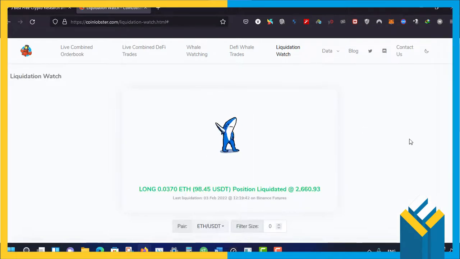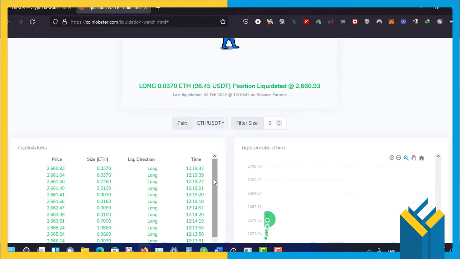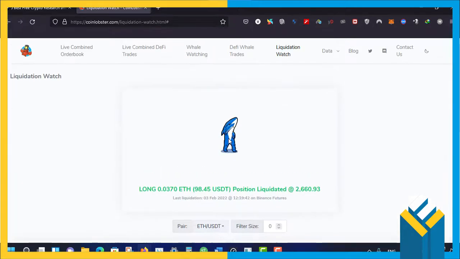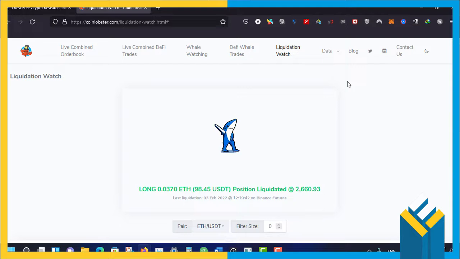For example, Ethereum in the long position, as you see, because of the recent days' market change, we have many long positions liquidated at this price, 2660 USDT this time. Okay, as you see, this website gives us some fundamental data and the exact times and dates about cryptocurrency liquidations, DeFi, whales, combined order books and combined DeFi trades.